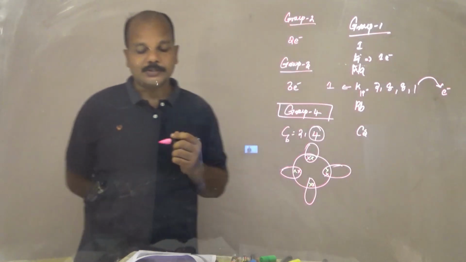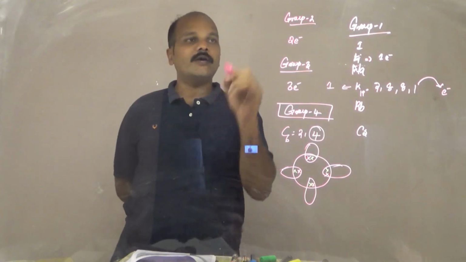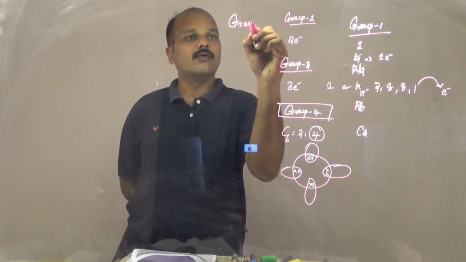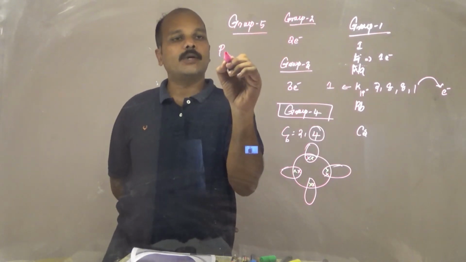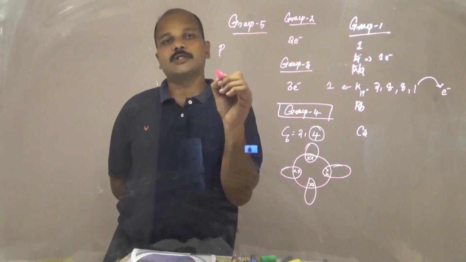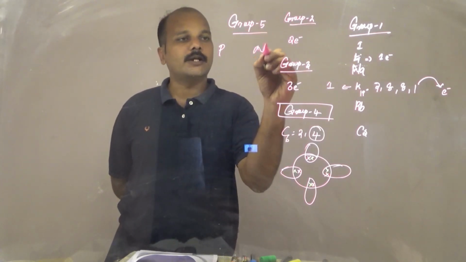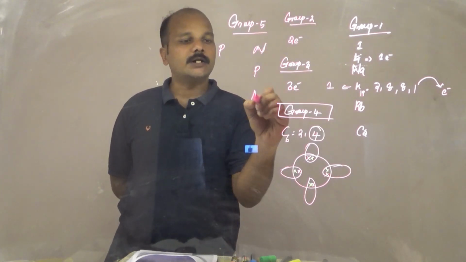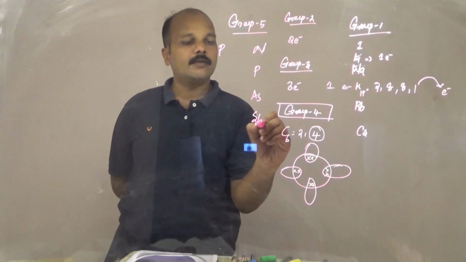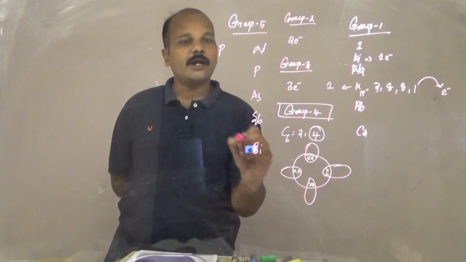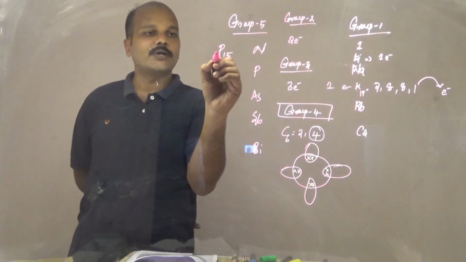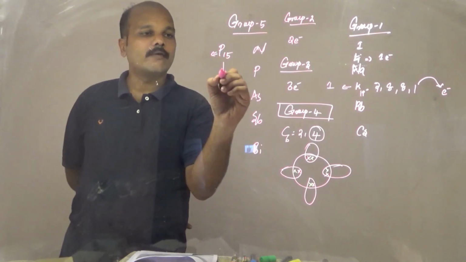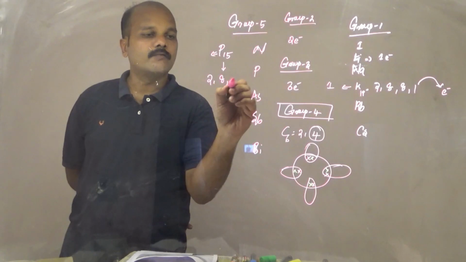And group 5. Phosphorus is one of the elements. Other elements are nitrogen, phosphorus, arsenic, antimony, and bismuth. Phosphorus has atomic number 15, so the configuration is 2, 8, 5.